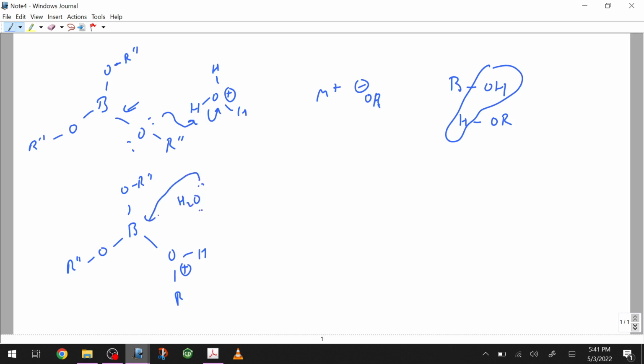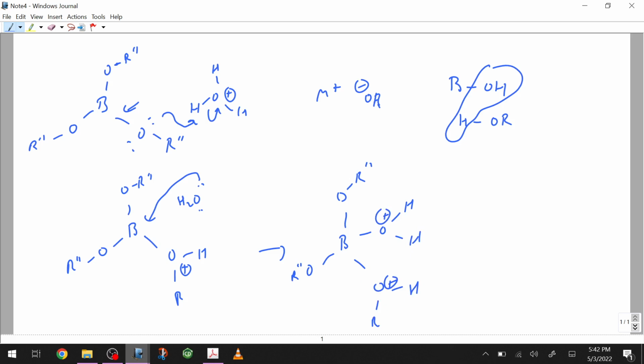It is going to come in there, and that's going to give us an overcharged boron again. So that we're going to have this, which can be neutralized because it's now got 2 cations on it. That's not necessarily very realistic.